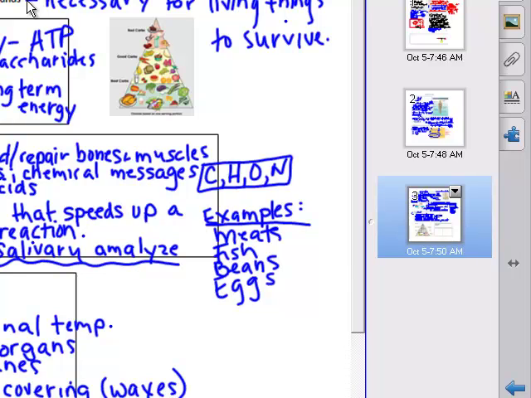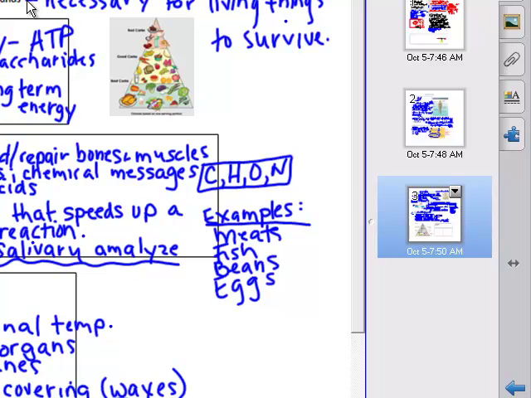Lipids are fats, oils, and waxes. If you think about your earwax, that's kind of gross, right? But your earwax is essentially waterproof. It doesn't let water through if you were to try to put water on there. So that's an example of lipids.